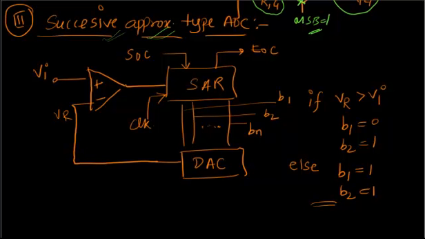So what happens is, here initially the MSB is made equal to 1. So suppose B1 is the MSB, so B1 is initially made equal to 1 and remaining are all zeros. Now we use a DAC here. So what does the DAC do? This DAC converts this approximation which we have made, and remember, all this will happen only after you give start of conversion pulse. Start of conversion is very important here.